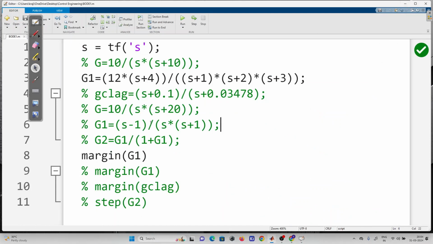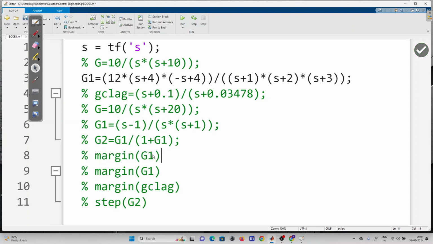So here only, s plus 4 into minus s plus 4, correct? Minus s plus 4. And we'll see the step response. Step G2, G1.